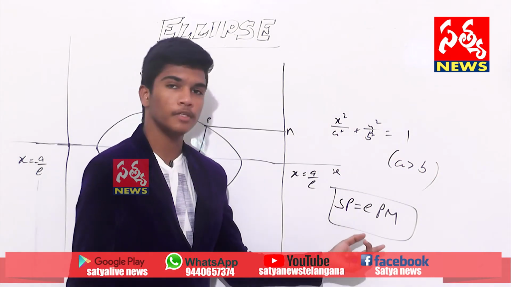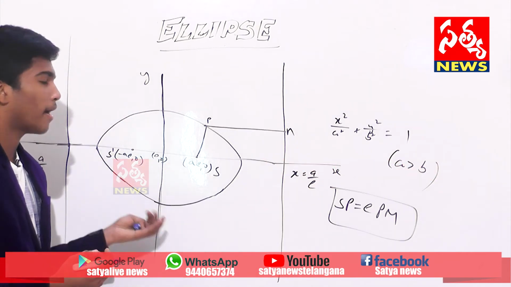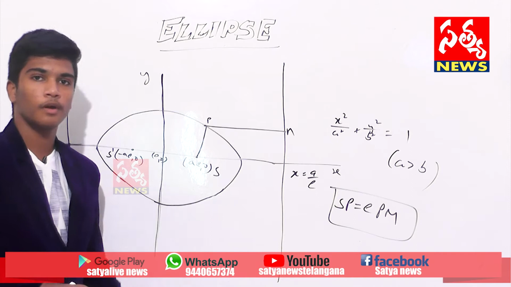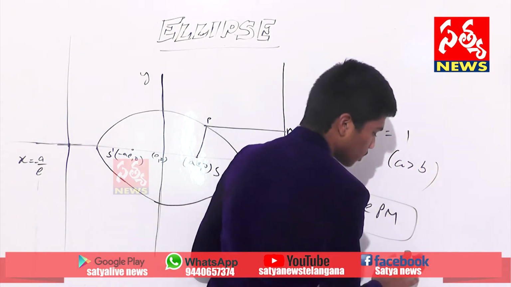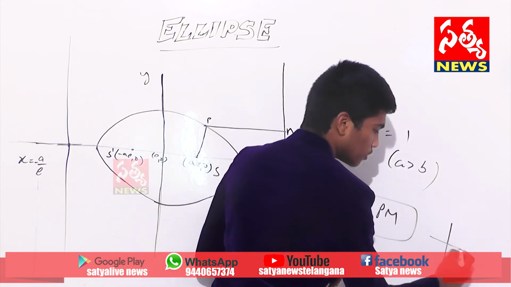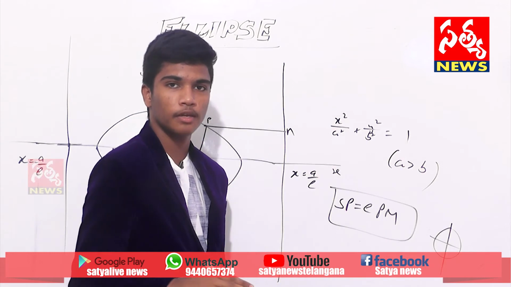This is the general expression for any ellipse, hyperbola, parabola and circle also, or else any second degree equation. Whereas in the circle there is no directrix, which means there is no eccentricity.